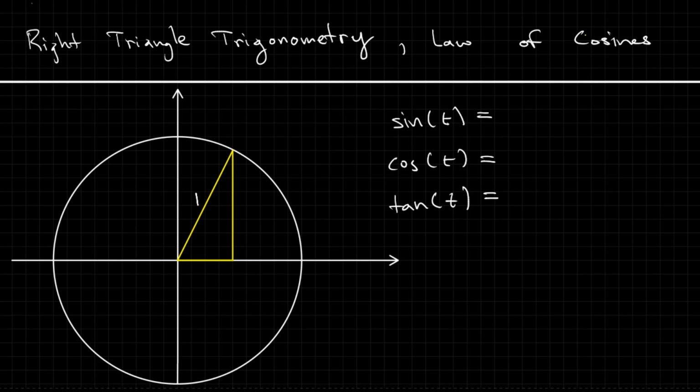Let's go ahead and call this angle here t, which we've drawn a little bit differently in this drawing. Normally we see a ray like this and a ray like this, and we say that this is in standard position. Or perhaps better said, t is this angle in standard position.